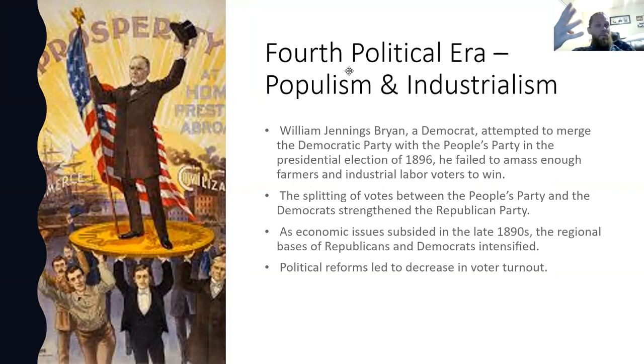He was extraordinarily influential, but he failed to amass enough farmers and industrial voters to win at all. So the splitting of votes between the People's Party and the Democrats only further strengthened the Republican Party.